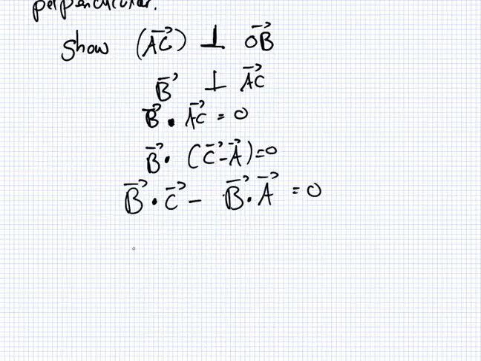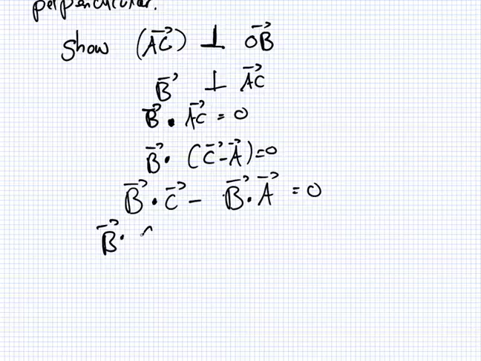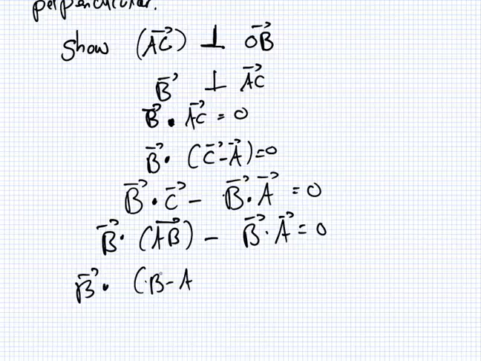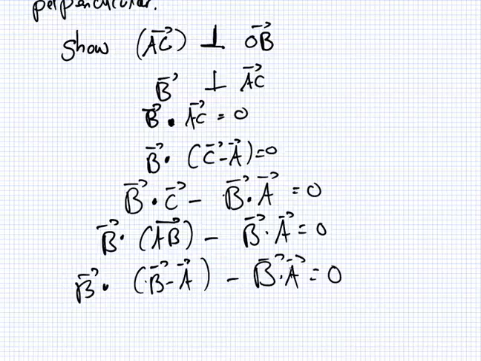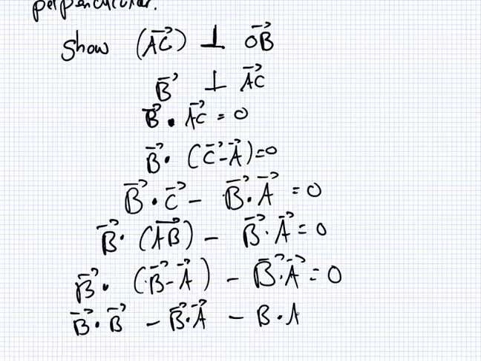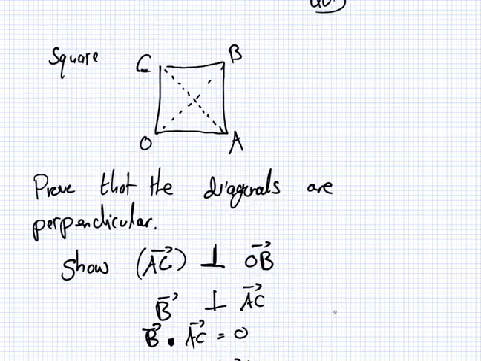So I think what I'll do is replace that C with AB to keep everything the same letters, A and B. So again, this is B dot B minus A minus B dot A, and again I multiply it out, B dot B minus B dot A minus B dot A equals 0. I'm sorry, A.